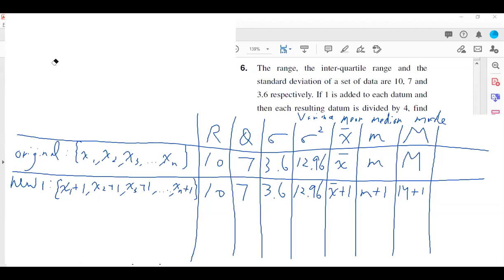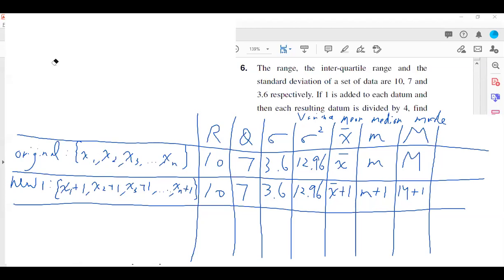So this is the new one. After the first step, the new range, interquartile range, standard deviation, variance, mean, median, and mode will have this type of change. Okay? And then the new 2, each resulting datum is divided by 4. Okay?